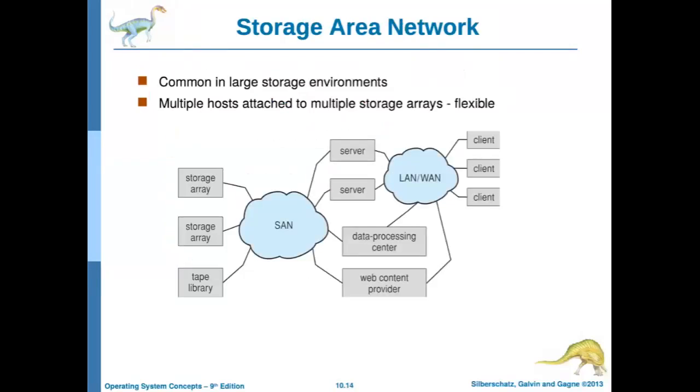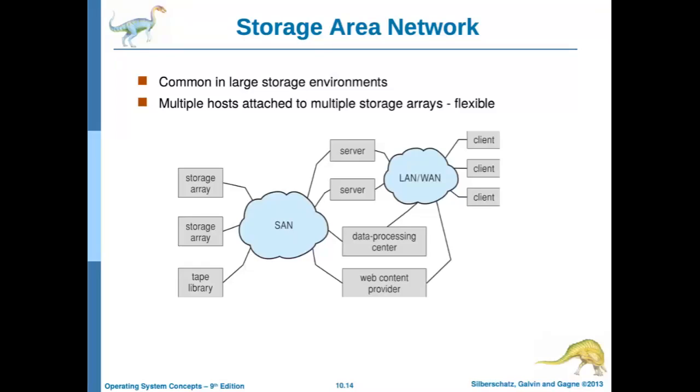Now, whenever you have something very big, think of something like the data center of Google, where normal desktops are not there. We have a separate data center, multiple servers, millions of clients. Maybe you have some web contents also, and connected storage arrays where thousands of hard disks are there with multiple levels of RAID also.